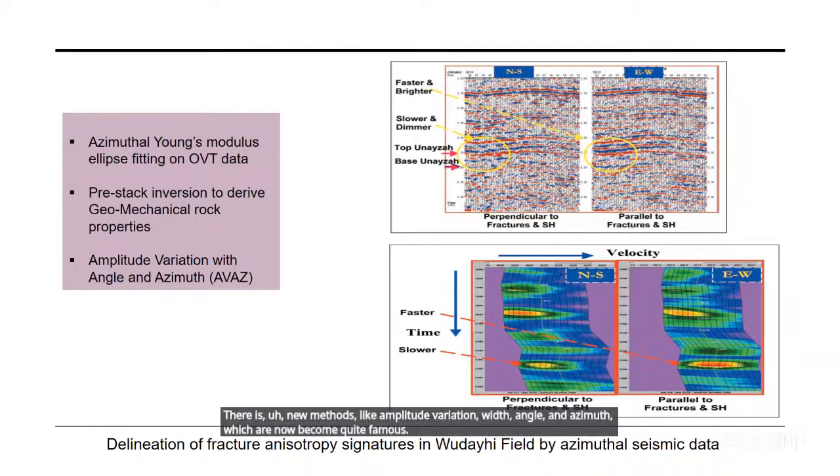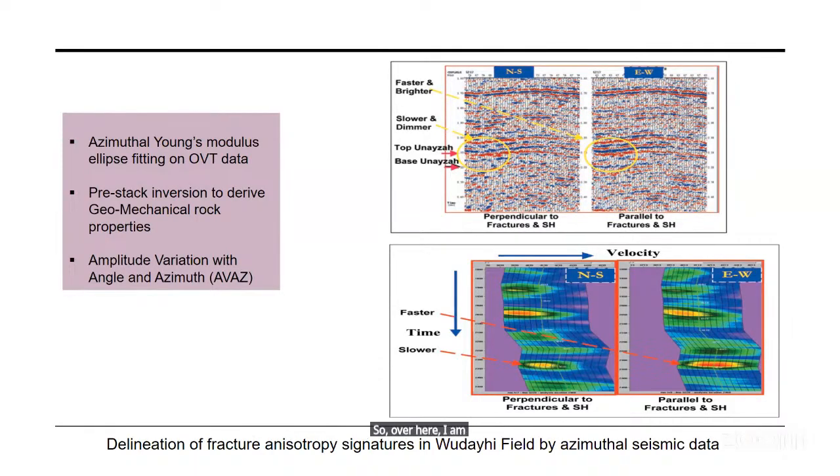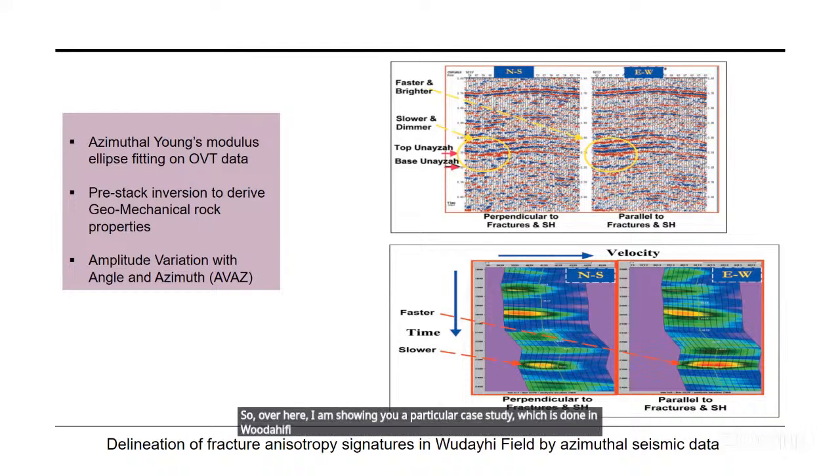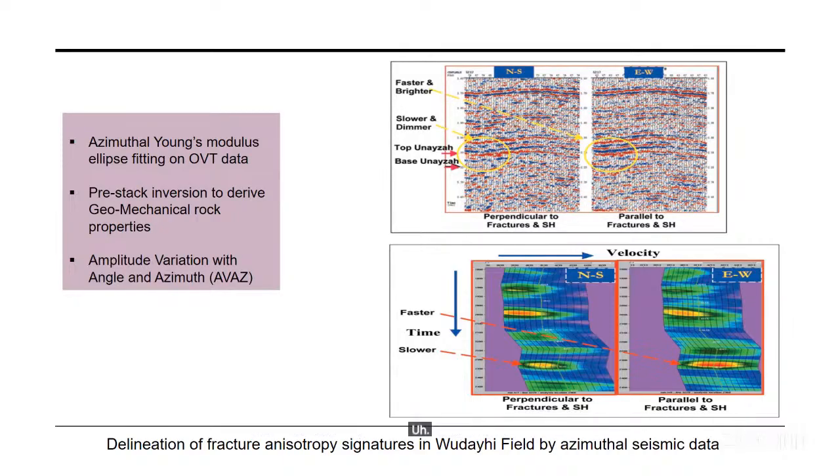Over here, I am showing you a particular case study which is done in the Vudahi field. Hope I am pronouncing it correctly. If you look over here, they are trying to use pre-stack data.